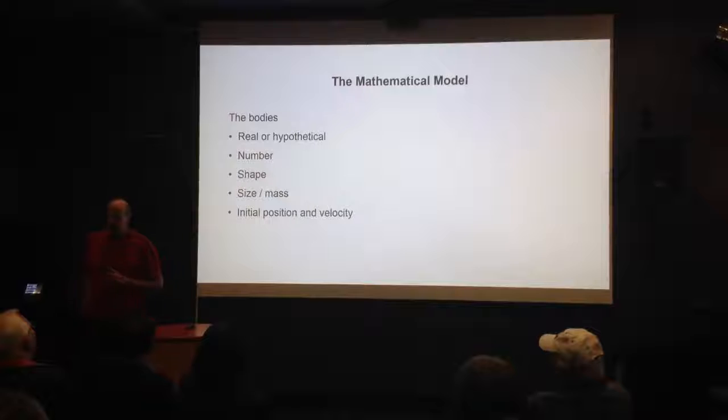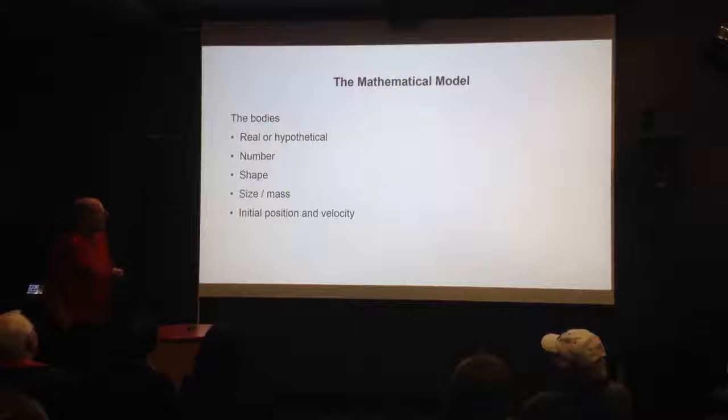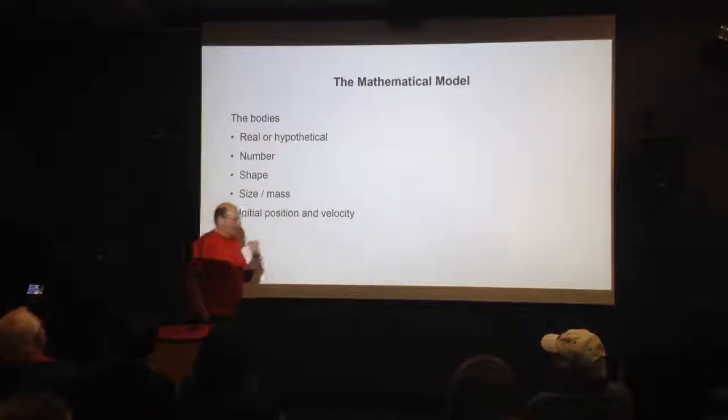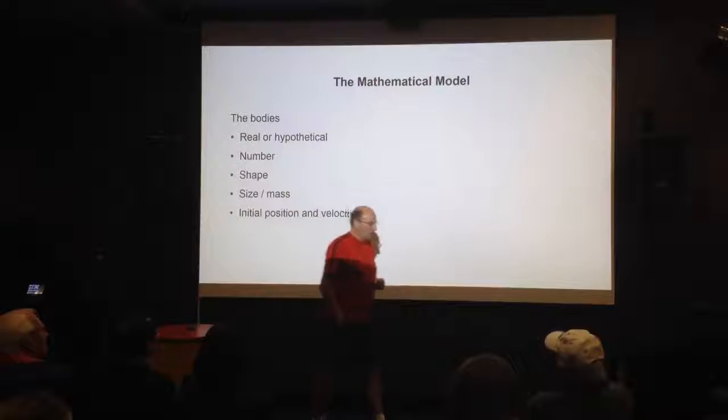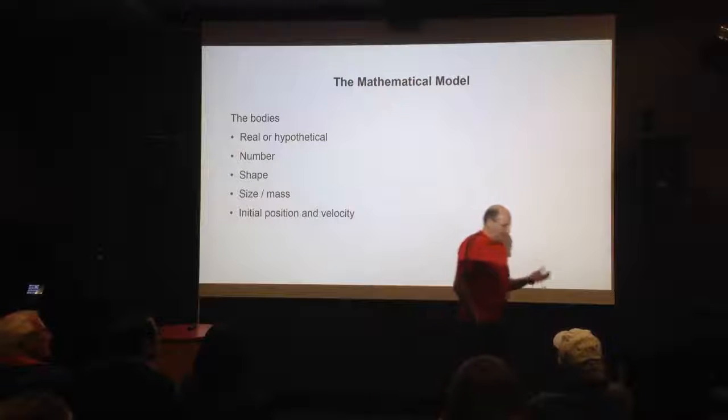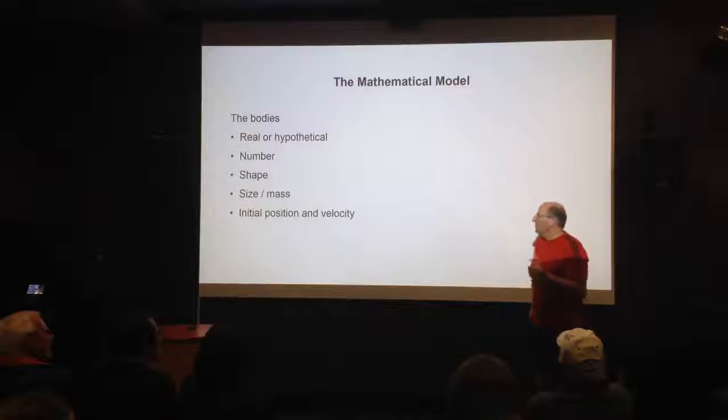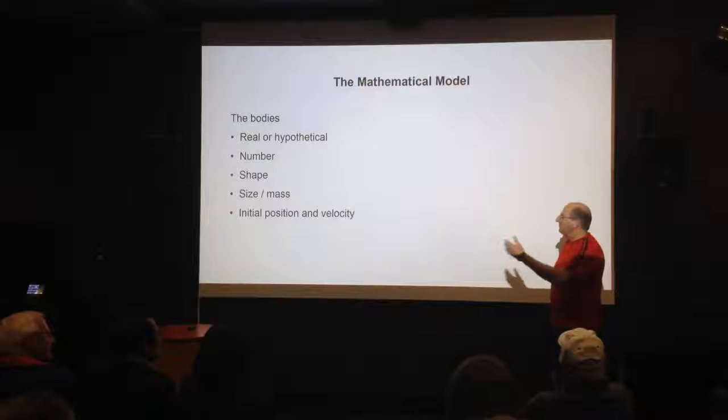The disadvantage of using the real ones sometimes is there's been a selection effect. You don't know what's happened well in the past. All you're seeing if you use the real bodies is the state of the solar system as it is now. So as I said, there's a selection effect. If you use hypothetical ones, you're free to choose these bodies which you think as they might have been 100 million years or a billion years ago.